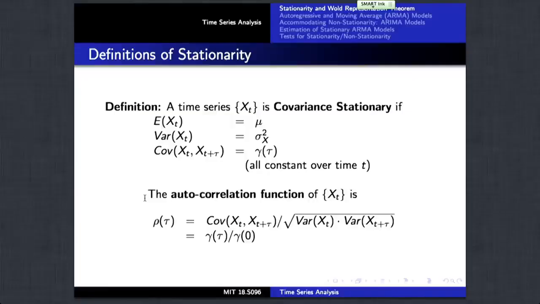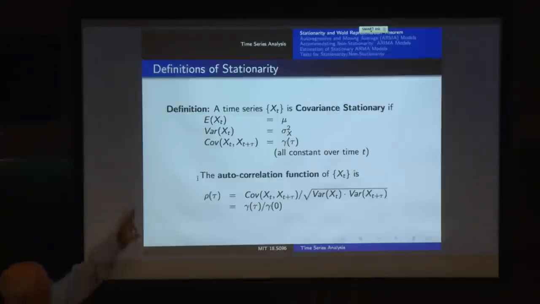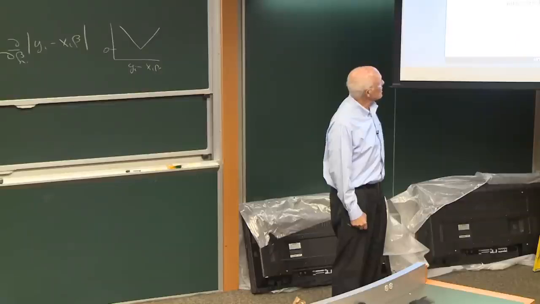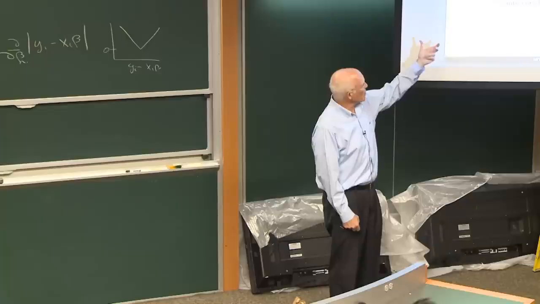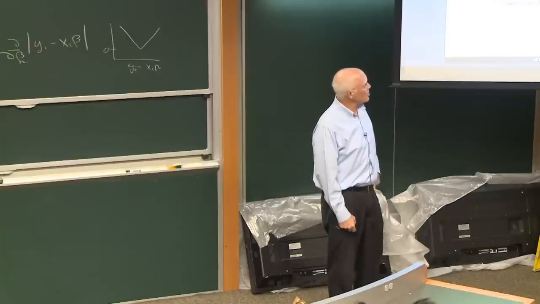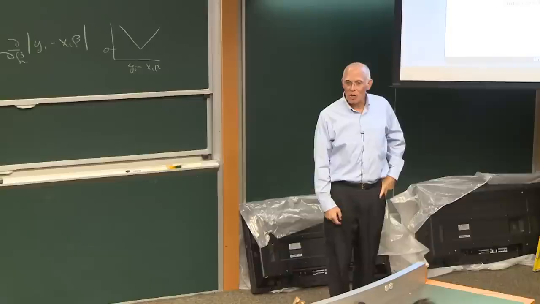Okay, that was strict stationarity, which requires knowledge of the entire distribution of the stochastic process. We're now going to introduce a weaker definition, which is covariance stationarity. A covariance stationary process has a constant mean, mu, a constant variance, sigma squared, and a covariance over increments tau, given by a function gamma of tau, that is also constant.